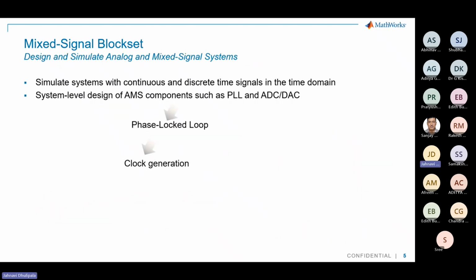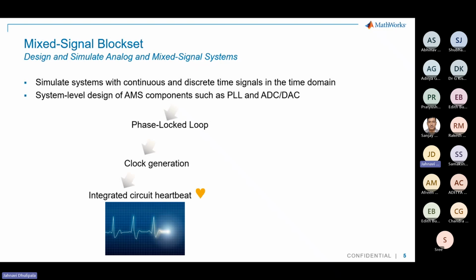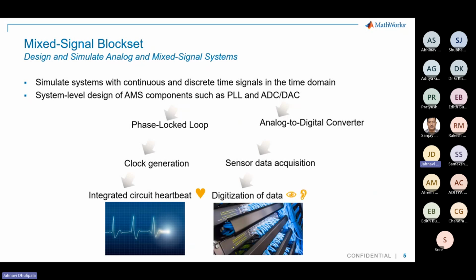So here you get started by making use of the system level modeling, like you design your PLLs or your data converters, you go with the clock generation, and that can be used in different applications. Similarly, we get started with analog to digital converters, which can be used for sensor data acquisition and digitization of data. All these things start with a system level modeling, and then we analyze the results and find that yes, it's working fine.